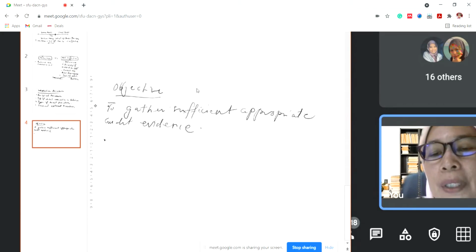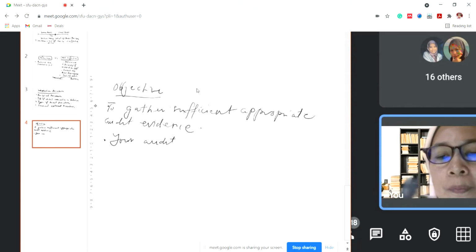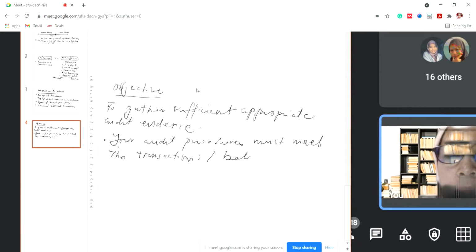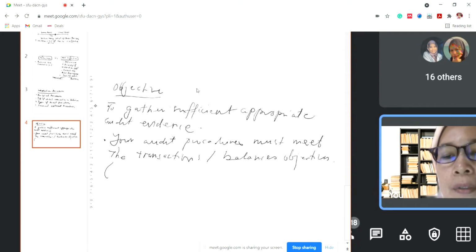Then it should meet your audit procedures, it must meet the transaction or balances objective. In other words, the assertion.